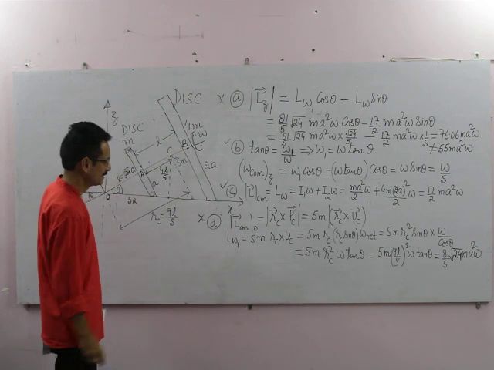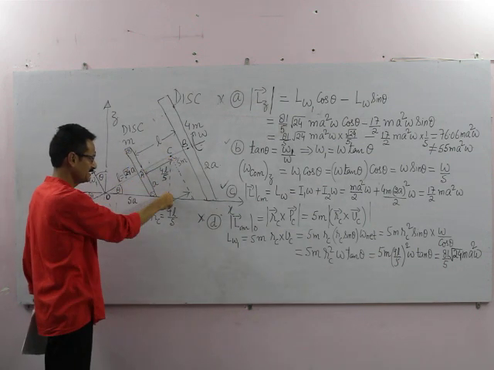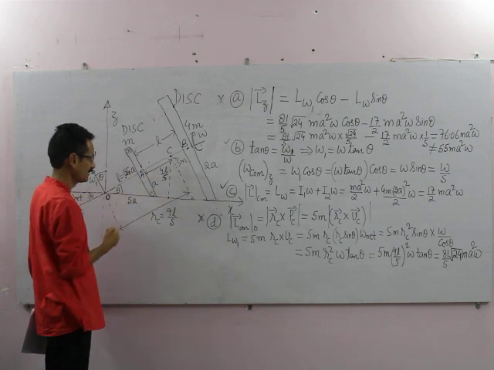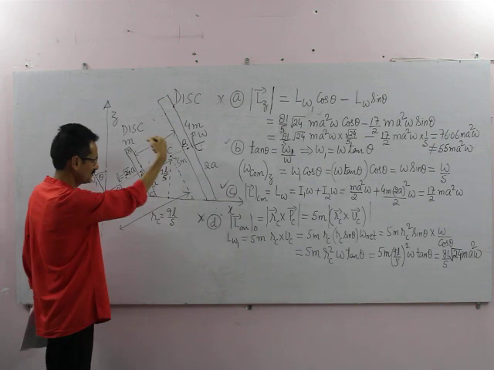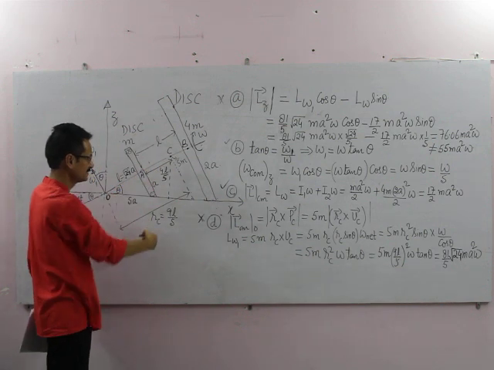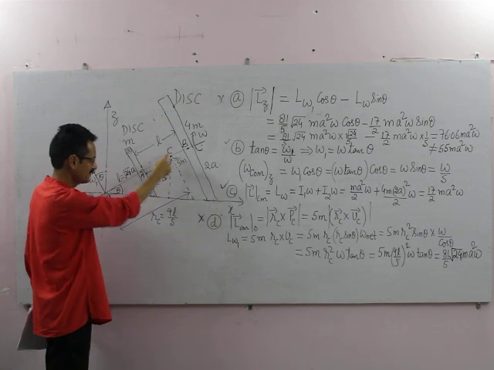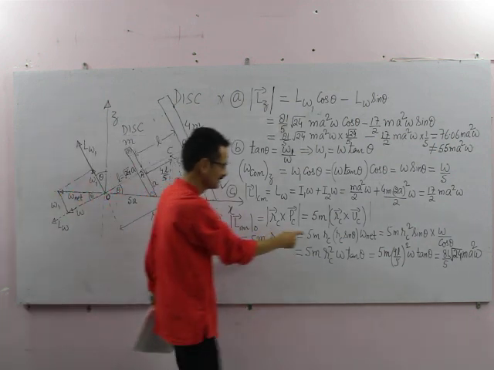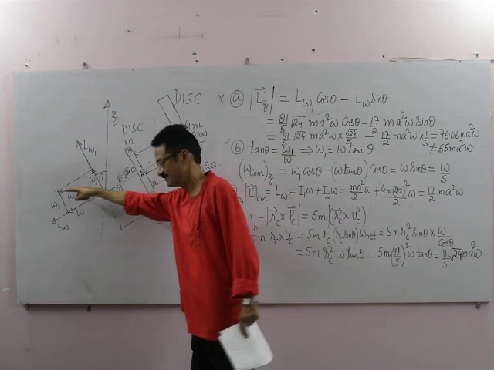So the velocity of the center of mass will be this length into omega net, because if you assume that this is moving in a circle, then the velocity will be r omega. R will be this distance, which is RC sine theta, into omega net.